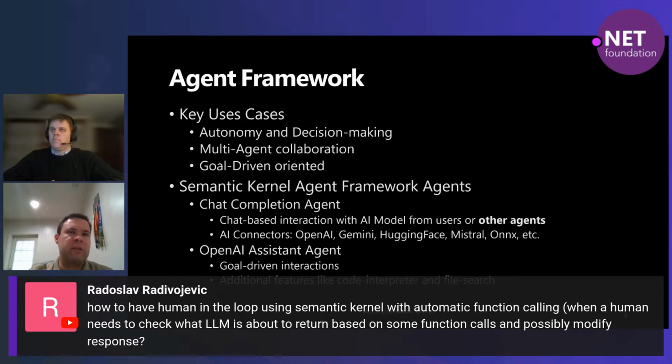The typical example I've seen most is the reviewer, right? You write something and somebody reviews it. So that can be done through agent collaboration, but you can also request a termination from a user, where a human can be the ultimate, the last approver on that cycle as well.